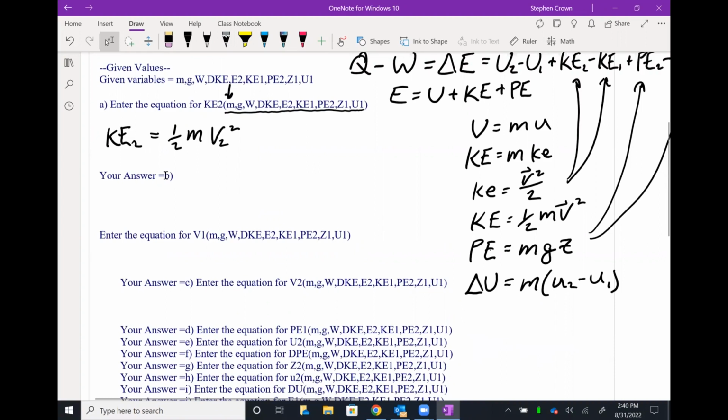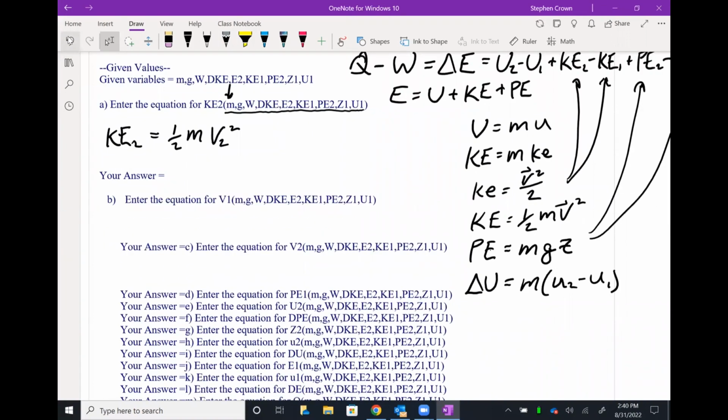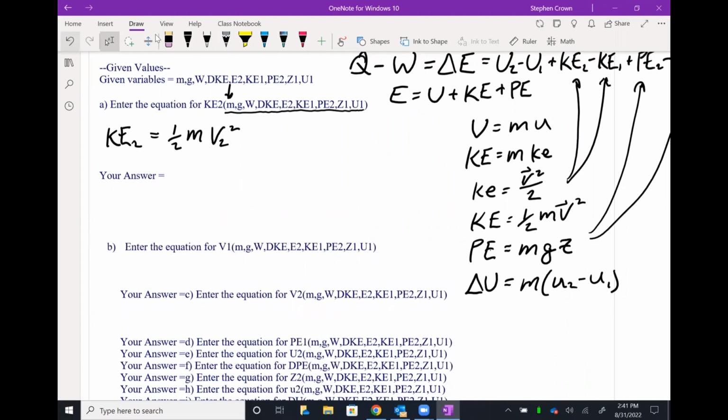That makes a little more sense. Okay, so this is where I'll enter my answer. So I'm trying to find the equation for ke2.